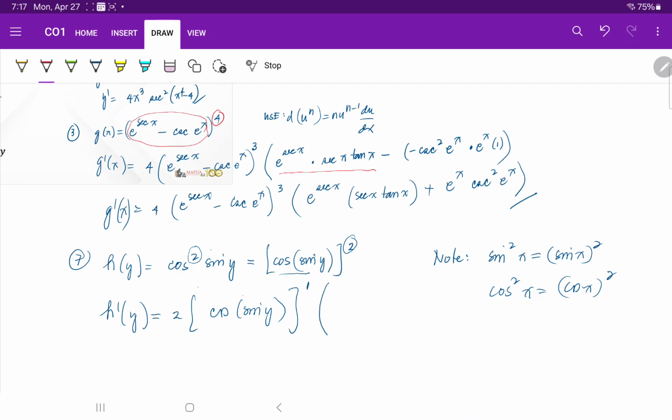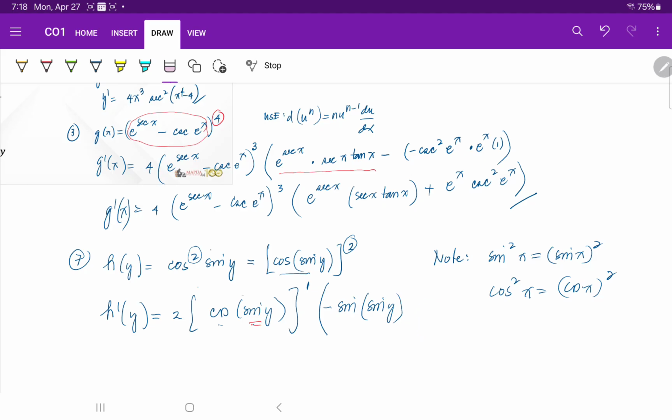So you have here cosine of u. The derivative of cosine of u is negative sine of u. Let's use a different color. So the derivative of cosine of u is negative sine of u, which is sine of y, times the derivative of y, which is 1. Again, cosine of u, the derivative is negative sine u times the derivative of sine. Oh, it's not 1.